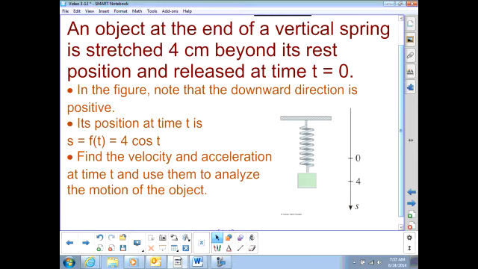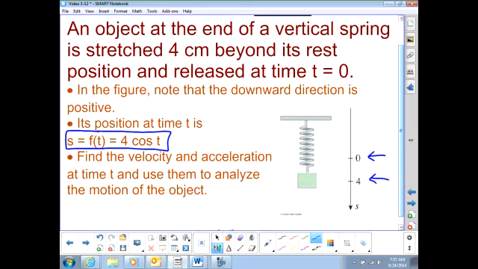Now we are going to define the distance downward as being the positive distance. So here 0 is the natural length, 4 is our centimeters that we are stretching it to. This is our position function at any time t, 4 cos t.